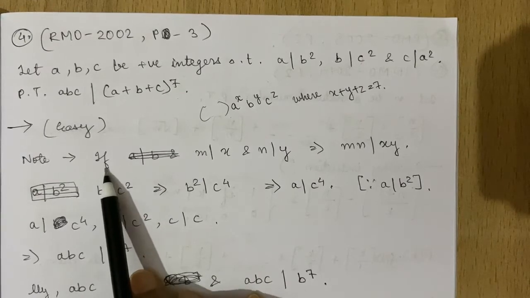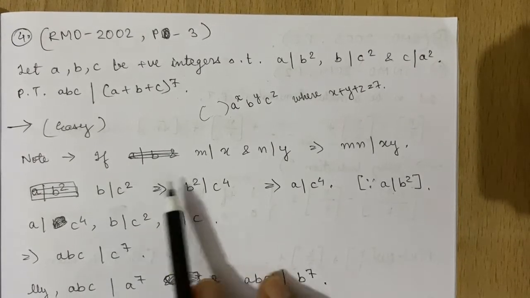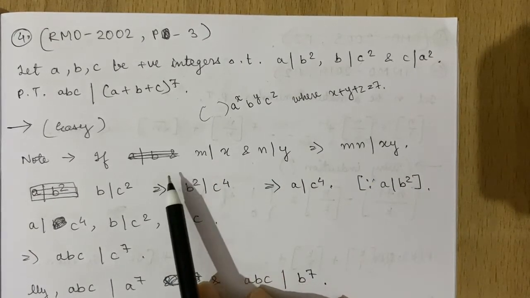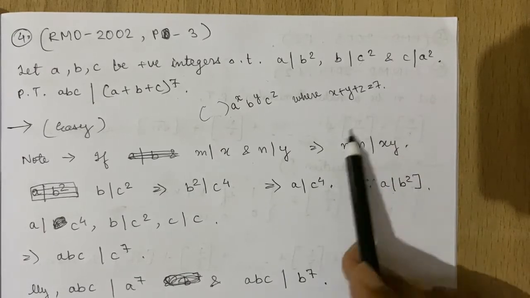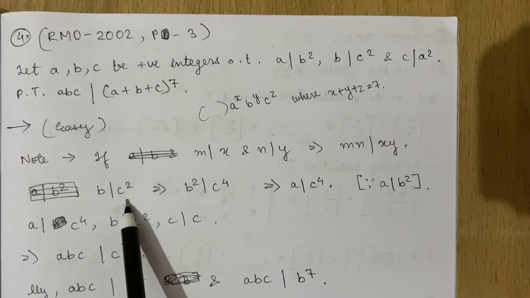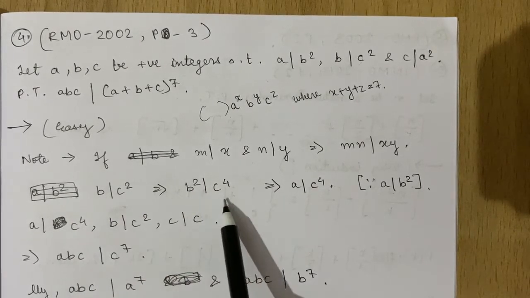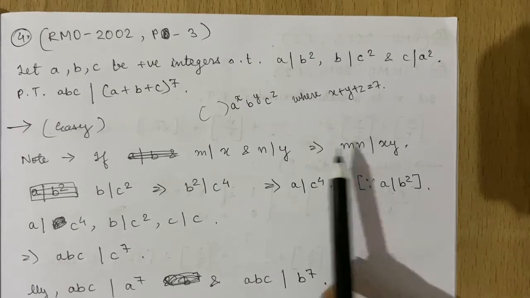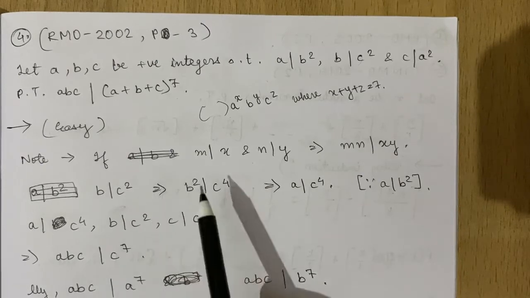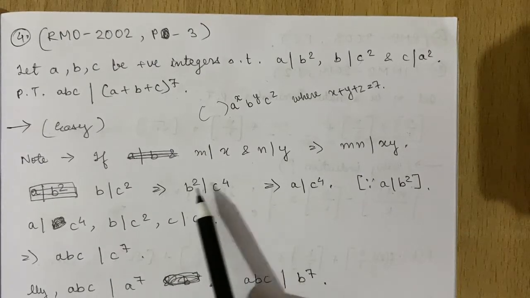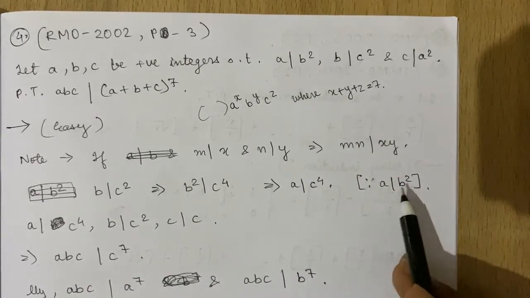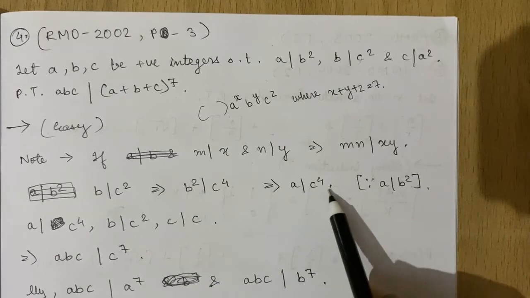One thing to note is that if m divides x and n divides y, then mn divides xy. We will use this property quite often in this problem. So we are given b divides c^2, which means b^2 divides c^4, using the same property, where m and n are both b, and x and y are c^2. So b^2 divides c^4, and a divides b^2, so a divides c^4.